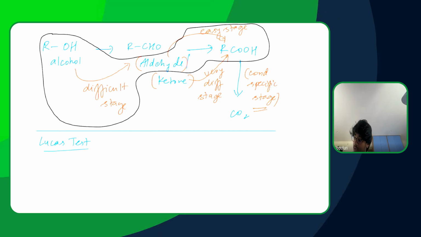So if the reaction does take place, then alkyl halide is formed, and the alkyl halide is not soluble in water. So if the thing becomes turbid, that means RCl is there. That means the reaction happened. That means the alcohol is there. So it's an identification test for alcohol.